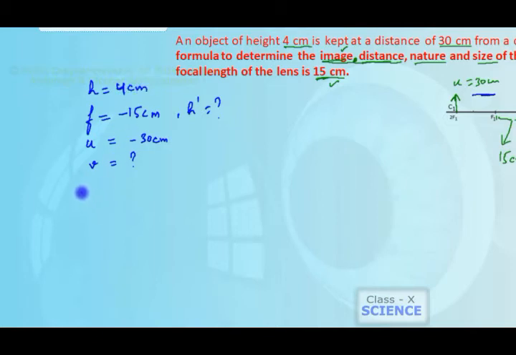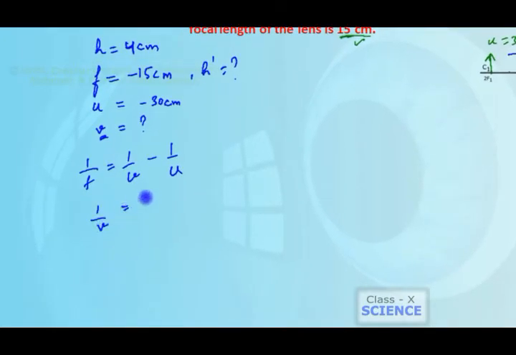So using the lens formula we know that 1 by f is equal to 1 by v minus 1 by u, right? We need to find v, so we have to rearrange as we did in the last problem. 1 by v is equal to 1 by f plus 1 by u, since this goes that side. So by solving this, 1 by v is equal to 1 by f, given as minus 15, plus 1 by u, u is given as minus 30, right?